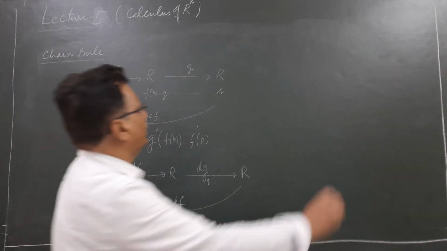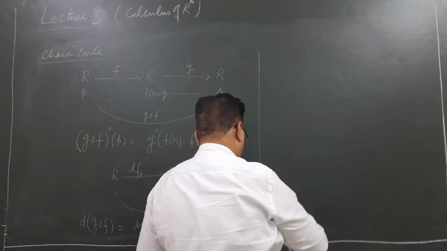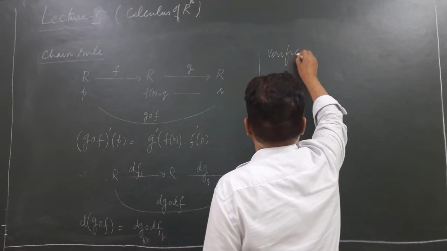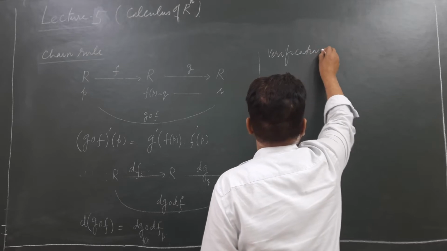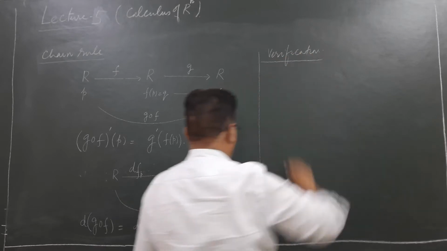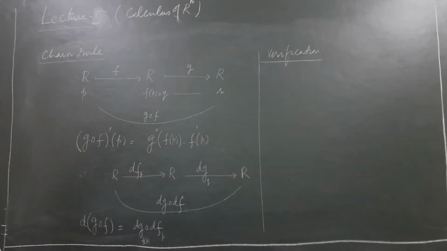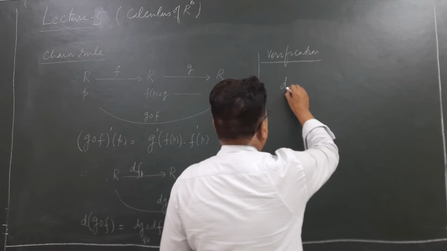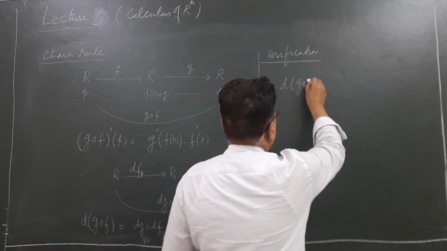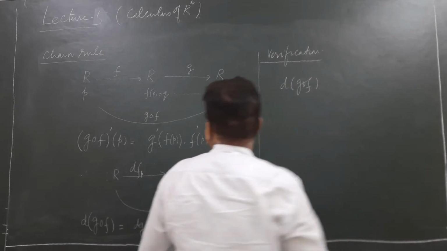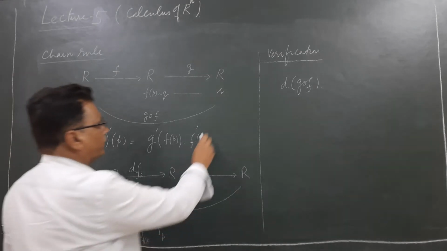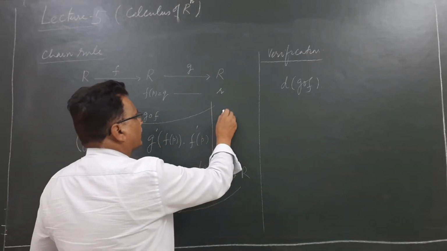Let me write down the verification of the chain rule. Consider the left hand side of this rule, d of g composition f. Now, you remember how the differential is defined. Let me recall the definition.